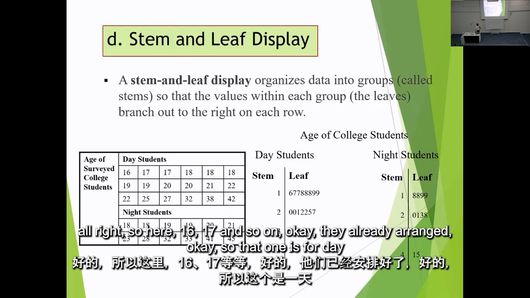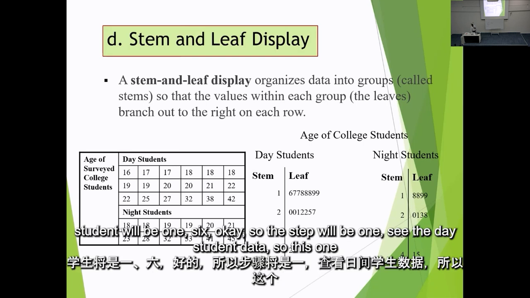Here 16, 17, and so on, they are already arranged. So for the day students, 16 has stem 1 and leaf 6.